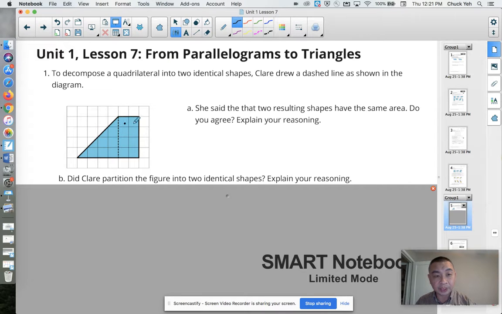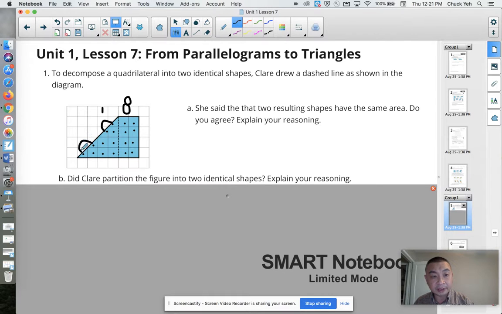So let's see. 1, 2, 3, 4, 5, 6, 7, 8. So 8's over here. Okay. 1, 2, 3, 4, 5, 6. And then notice these 2 halves here. They equal 1. Notice the 2 halves here.